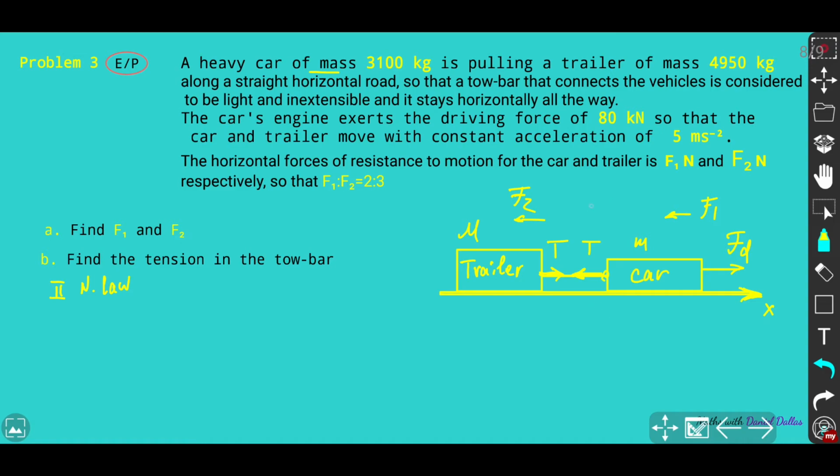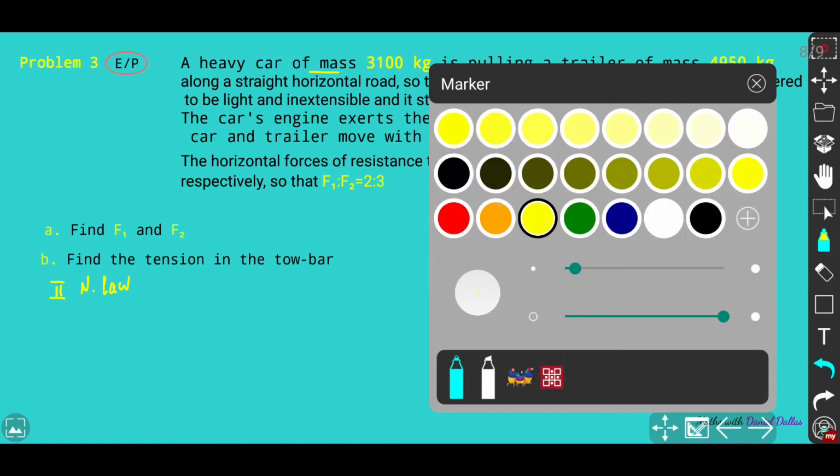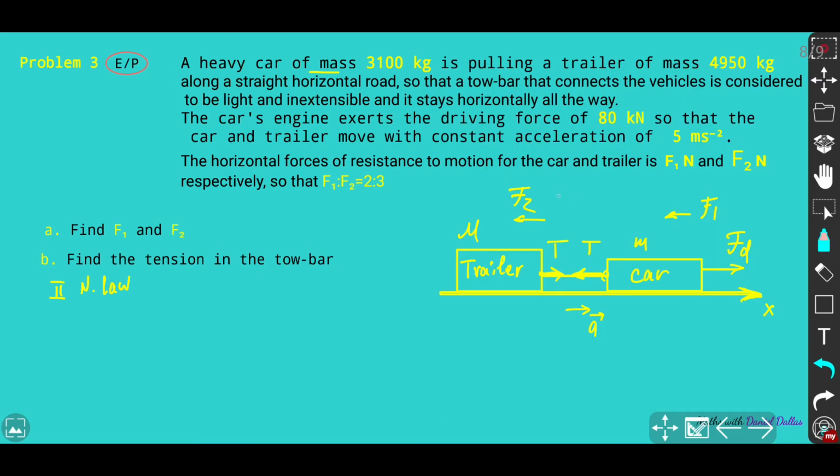We are also given the ratio of the resistant forces F1 and F2, 2 to 3. Basically, if you want, I can mark them as resistances, the force of resistance that acts on each part of the connected particles.